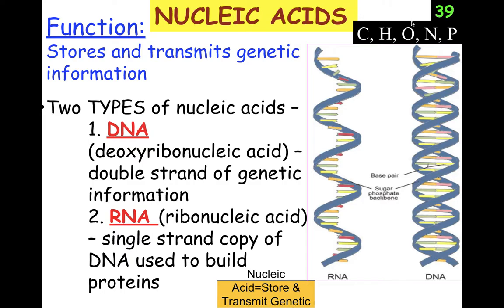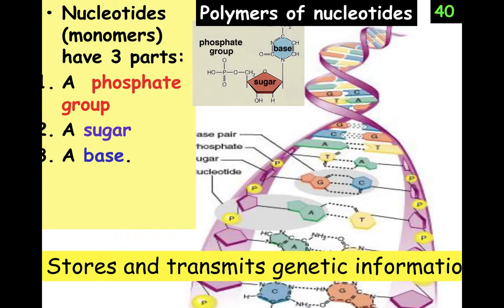Okay? At the top here, we have each element that builds a nucleic acid. So we have C for carbon, H for hydrogen, O for oxygen, N for nitrogen, and P for phosphorus. Okay, so bigger things like DNA are macromolecules. Nucleic acids are macromolecules.